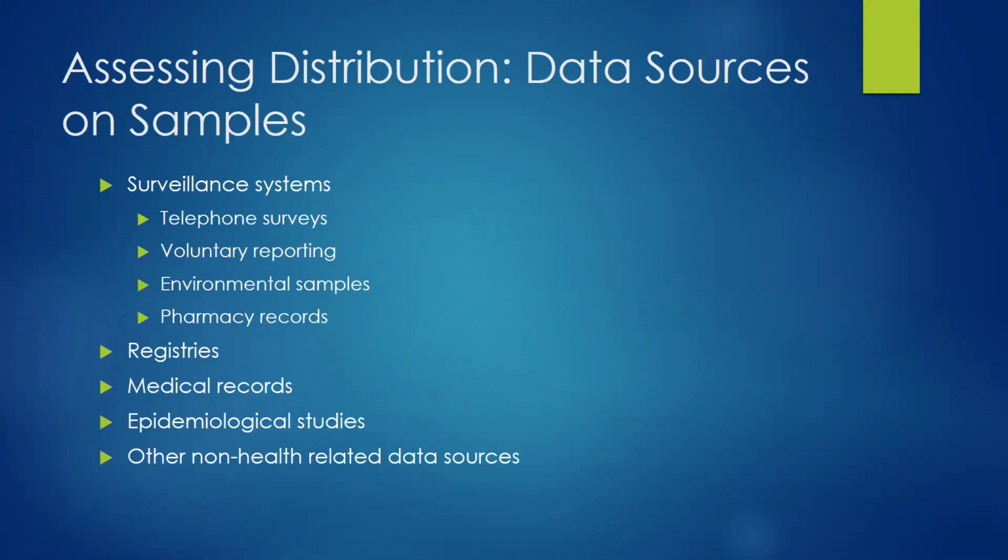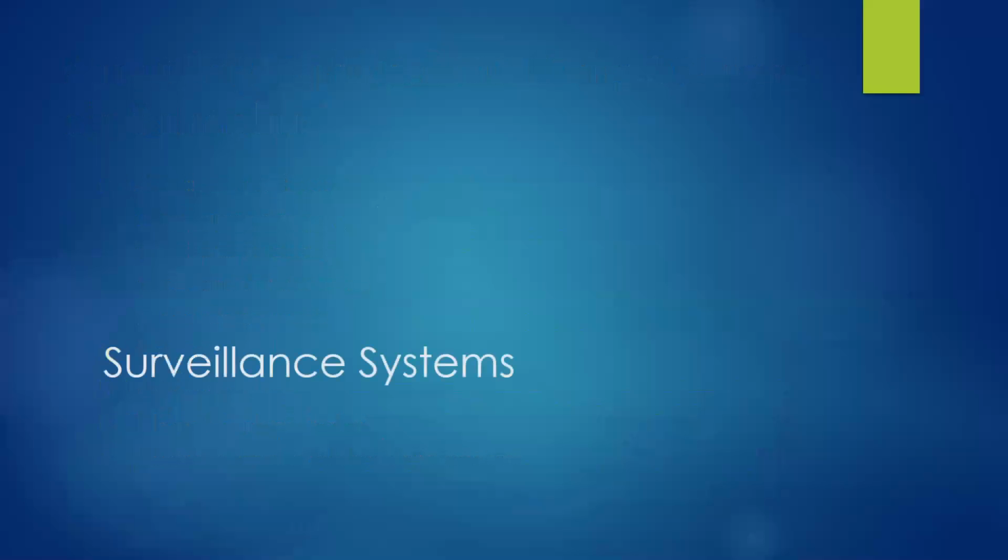So you could actually take environmental samples like of water, soil, air, and then pharmacy records. We also have registries, medical records, specific studies that are designed to answer an epidemiologic question, and then other data sources that aren't specifically related to health, but that we might be able to leverage for health-related purposes. So we'll talk in more detail about all of these.